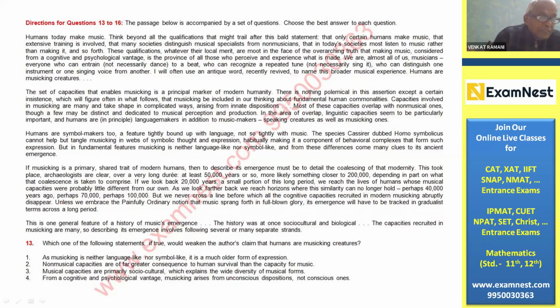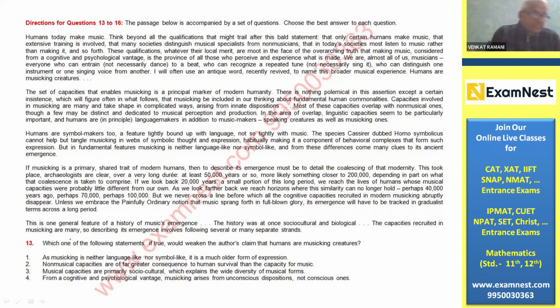But in fundamental features, musicking is neither language-like nor symbol-like, and from these differences come many clues to its ancient emergence. Why does he say that? Because if you talk about language, if you talk about symbols, then you talk about when did they emerge. And if you're talking about when did they originate, then his argument is that music possibly, you see, predated both symbolism and language.